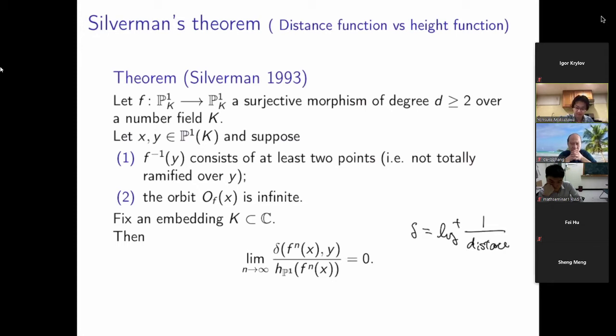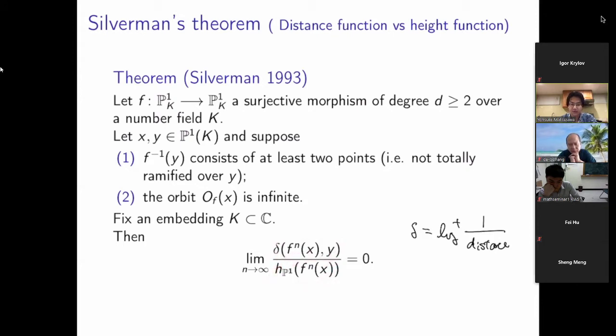So this theorem says the orbit of x doesn't get close to y as fast as the height grows, right? The orbit could be very close to y, but the speed of getting closer and closer to y is bounded by this growth.